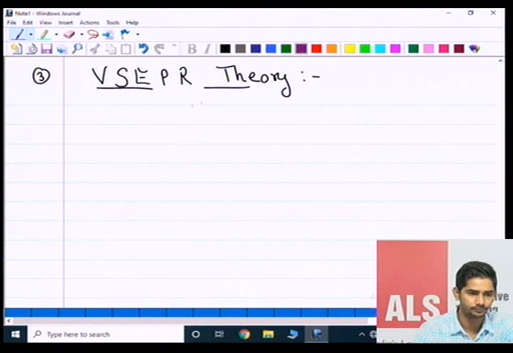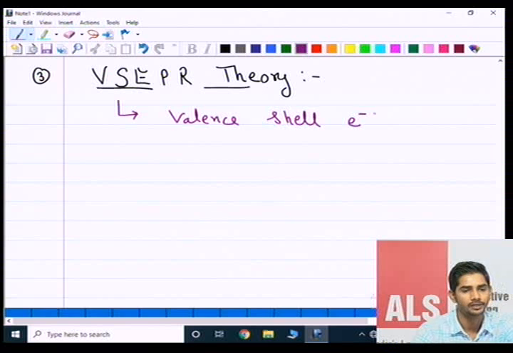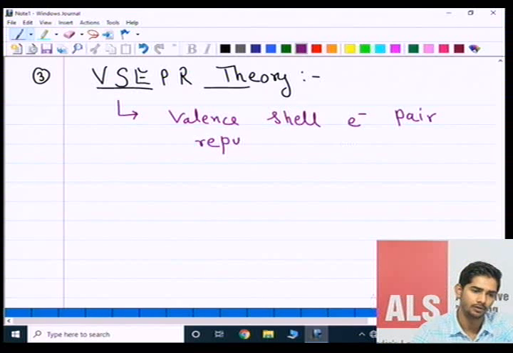This is your valence shell electron pair repulsion theory.